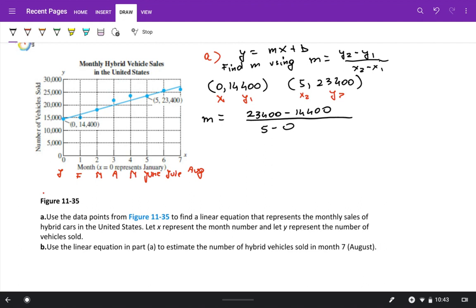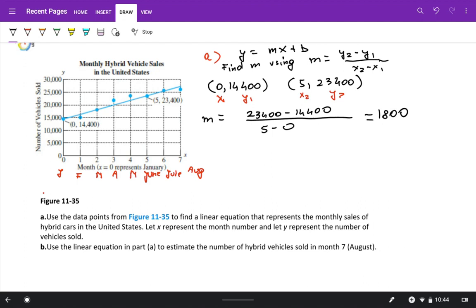So we find the slope, and that gives us 1800. Okay, so that's the slope.